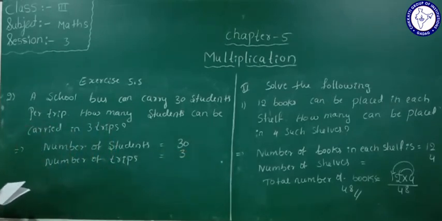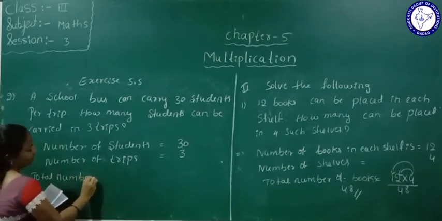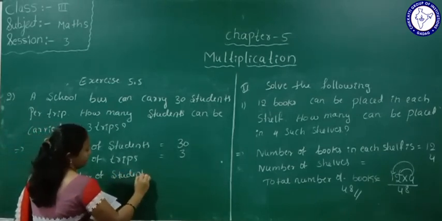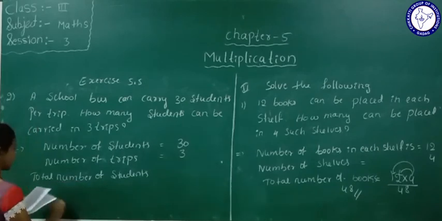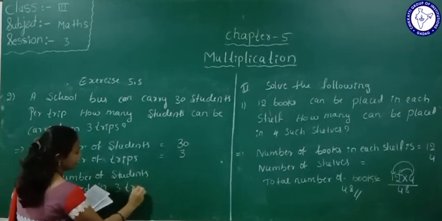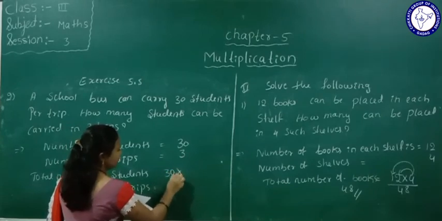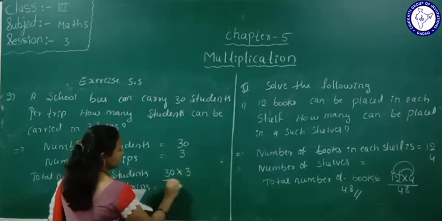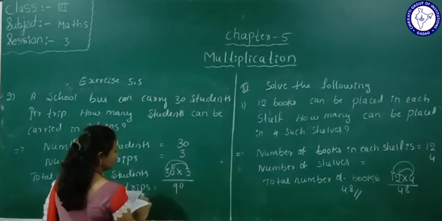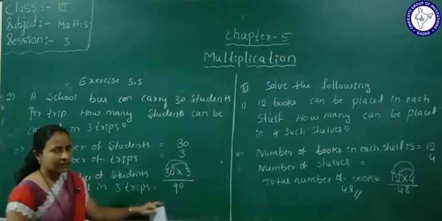Total number of students carried in 3 trips is equal to, in each trip 30 students, like 3 trips. 3 zeros are 0, 3 3s are 9. In 3 trips total 90 students are carried by the bus.